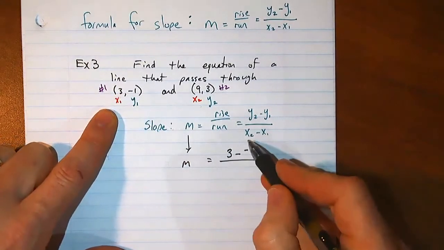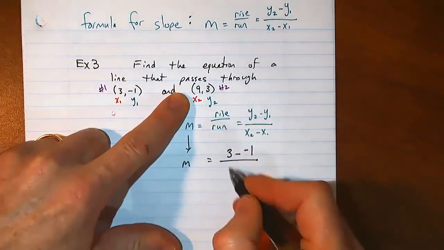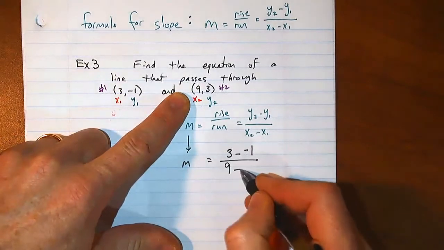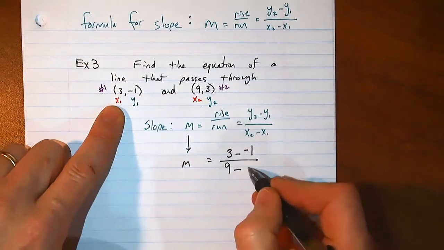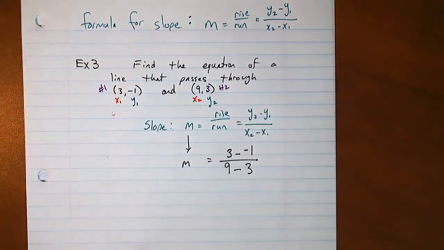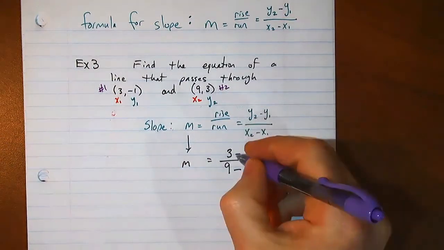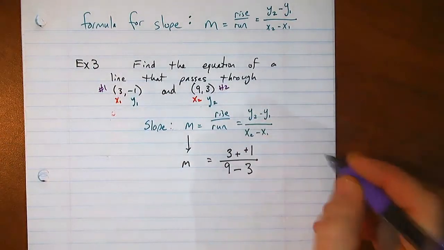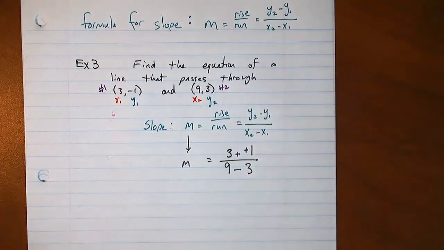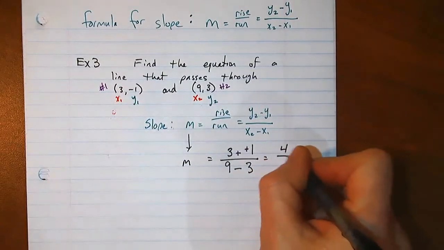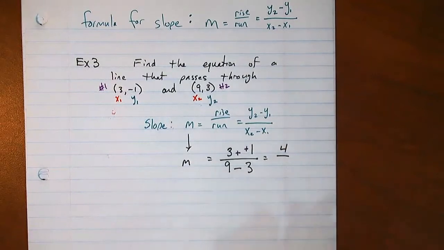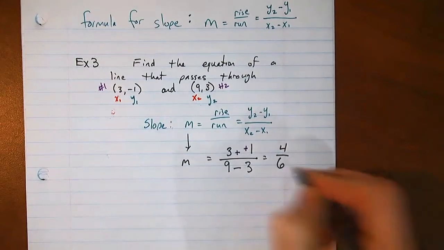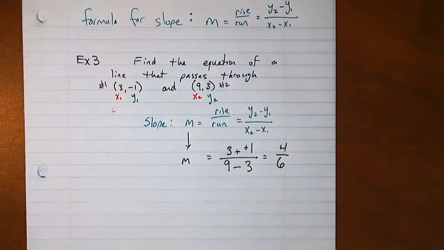In the bottom, x2 is 9 minus x1 is 3. So in the top, I can do 3 plus 1. So in the top, I'm going to end up with 4. In the bottom, 9 minus 3, that's equal to 6. So I've got a slope of 4/6.